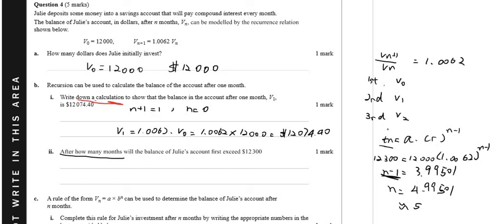So my term number is always one larger than the number of months. So if n is equal to 5, then it's after 4 months. If at my fifth term the number exceeds 12,300, then it's after 4 months that the number exceeds 12,300.